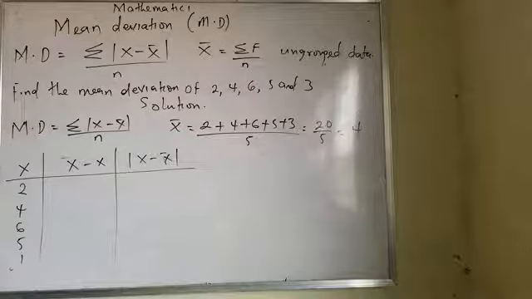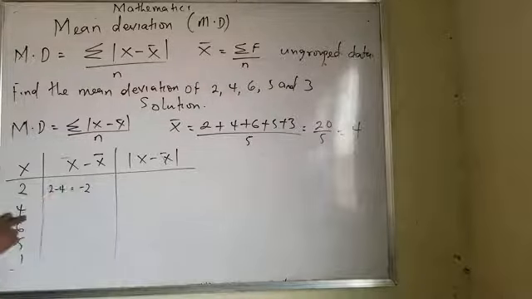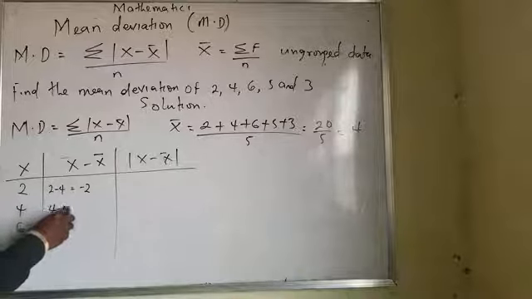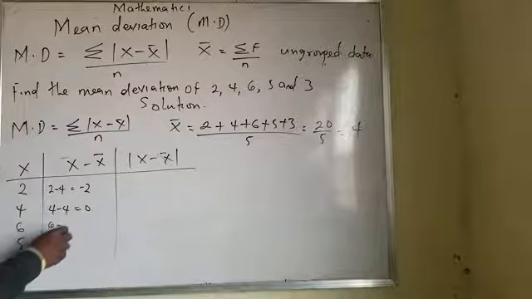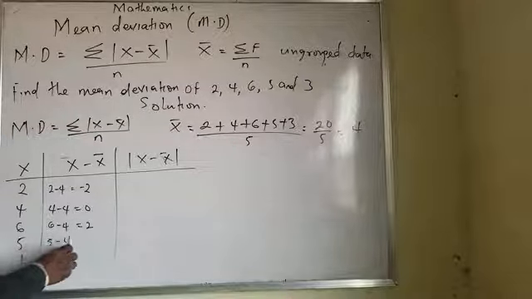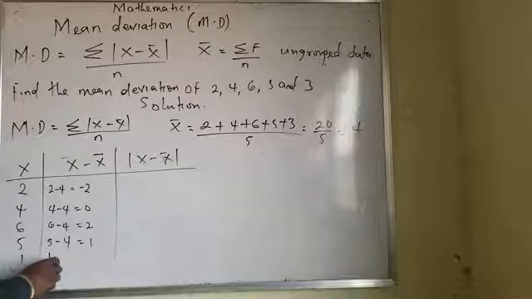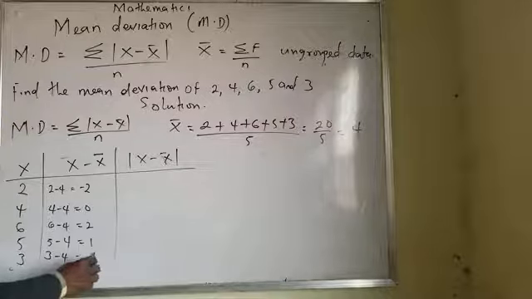My x minus x bar: 2 minus 4 will give me minus 2. 4 minus 4 will give me 0. 6 minus 4 will give me 2. 5 minus 4 will give me 1. And 3 minus 4 will give me minus 1.